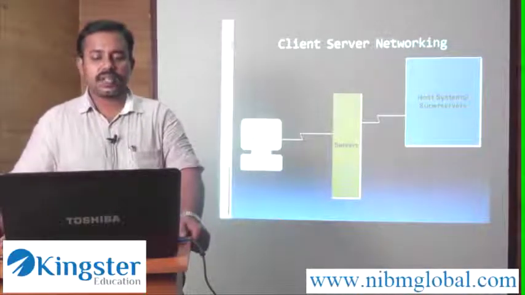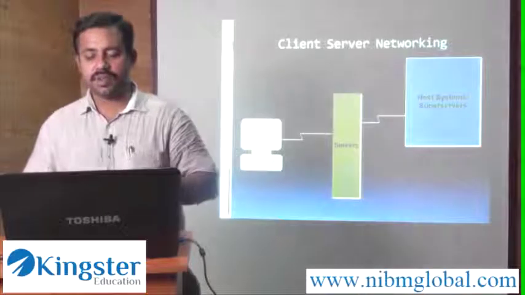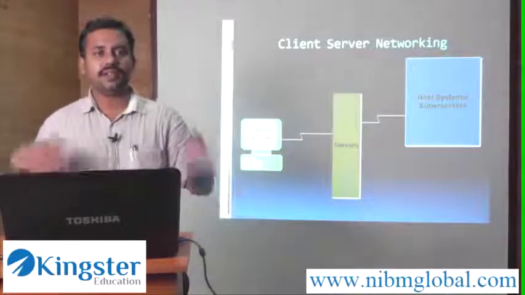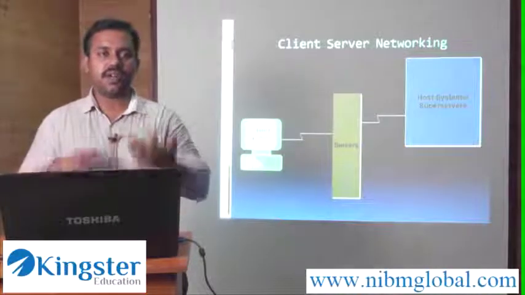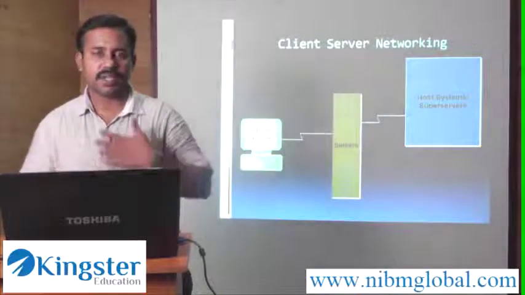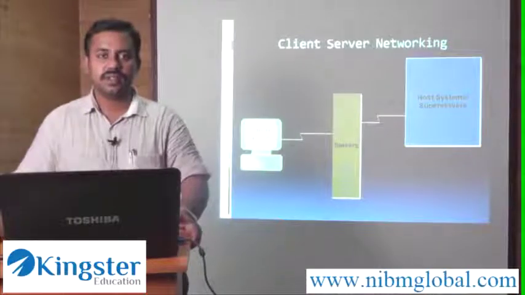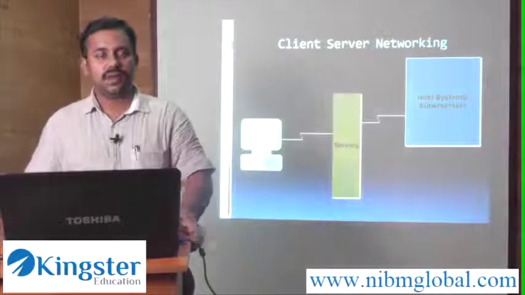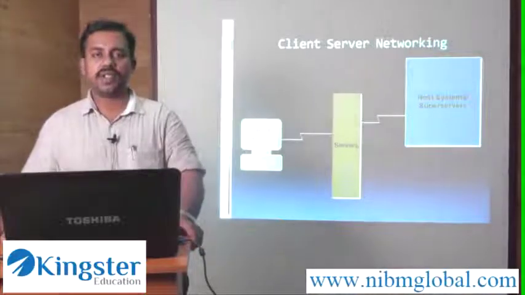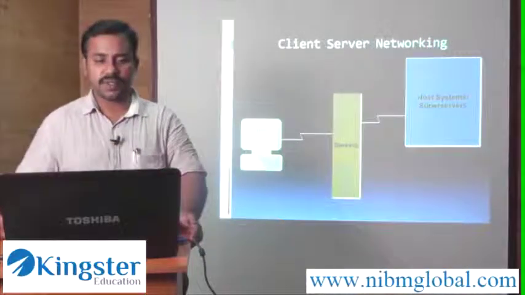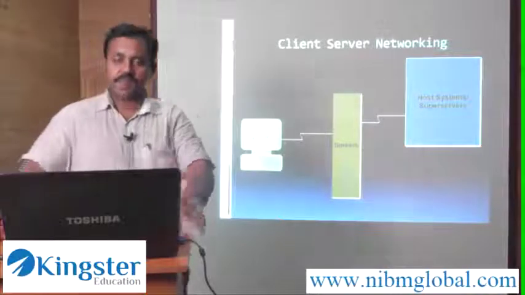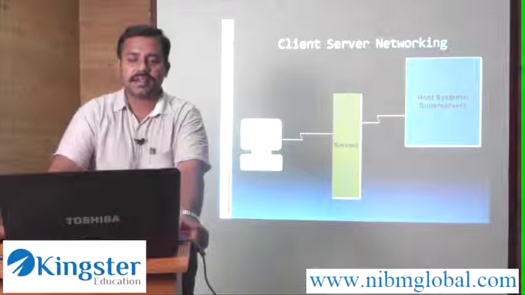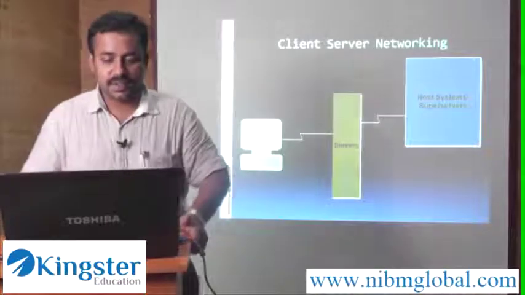And once the customer has booked the ticket, the server and the corresponding railway stations or the corresponding departments and business processes are networked for exchanging the information and completing the business process. So the business process is completed using client-server networking systems.